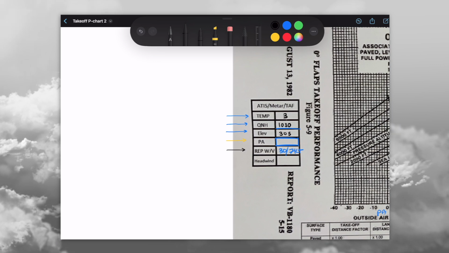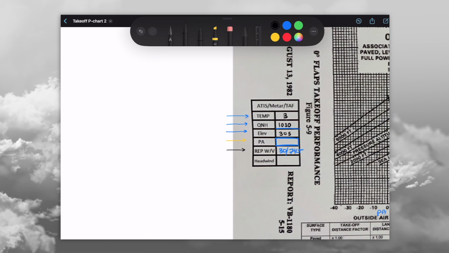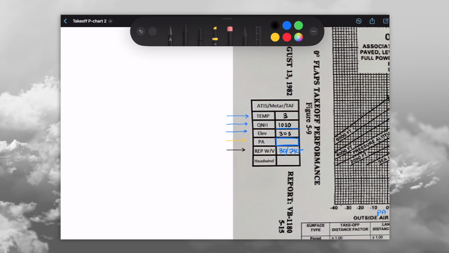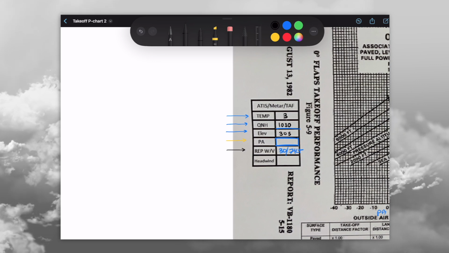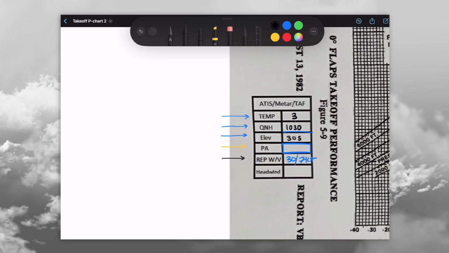We're going to first subtract our QNH from the international standard atmospheric conditions, and the standard pressure is 1013 hectopascals at mean sea level, and 15 degrees.